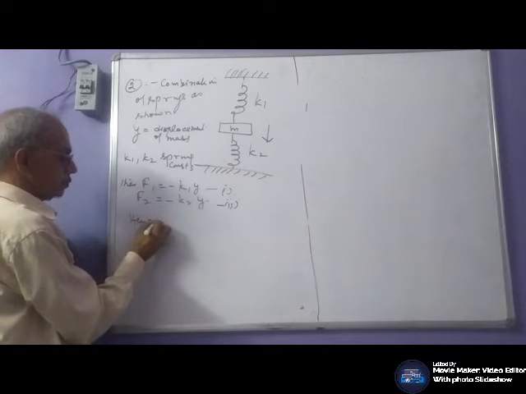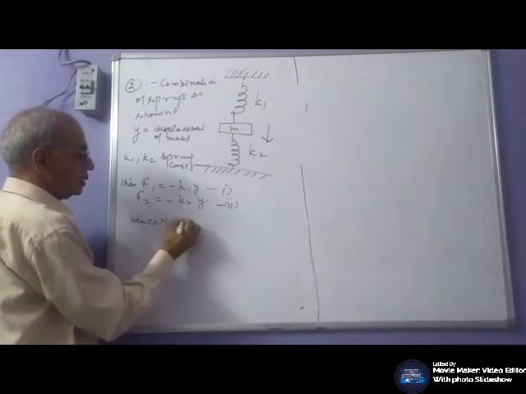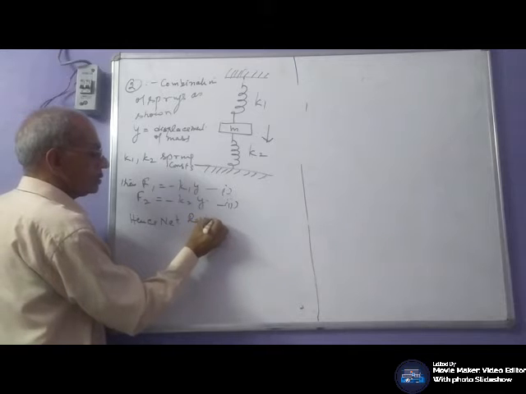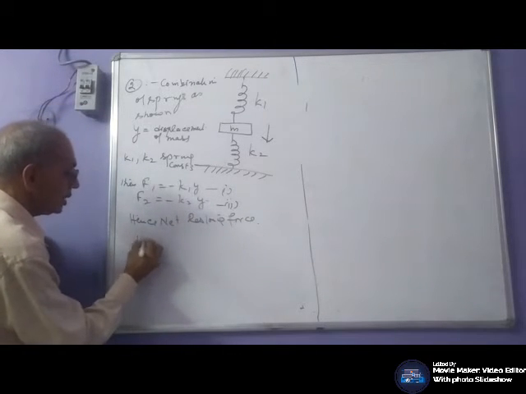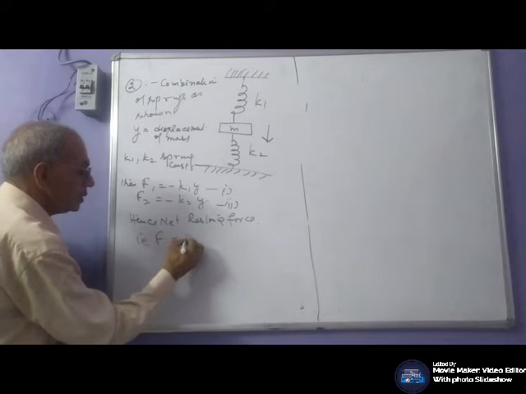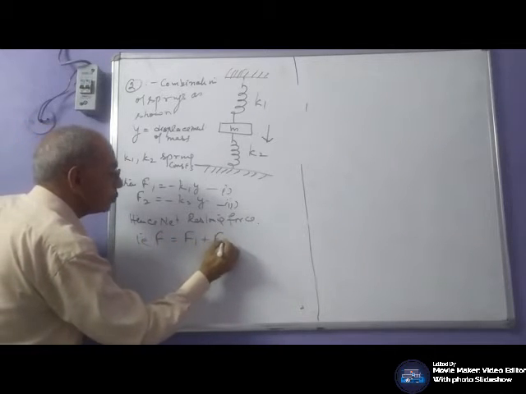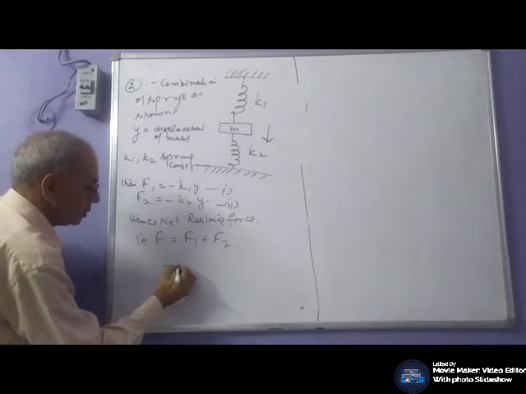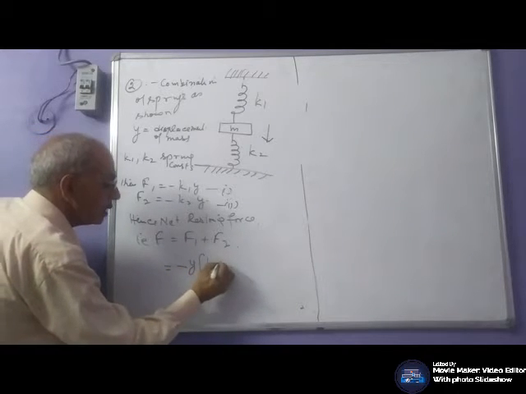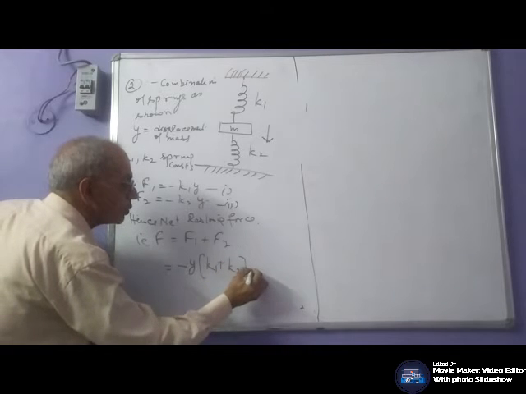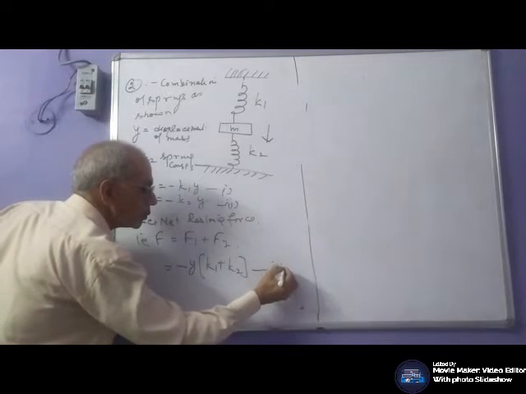Hence, net restoring force, that is F, is F1 plus F2, which is minus y(K1 plus K2). Third.